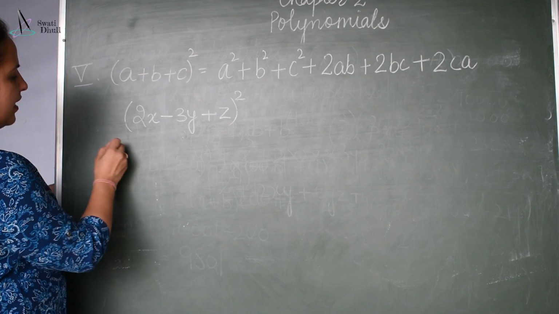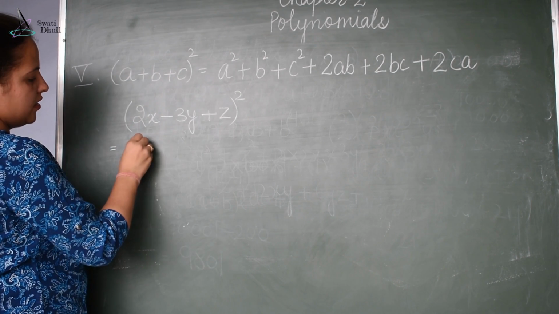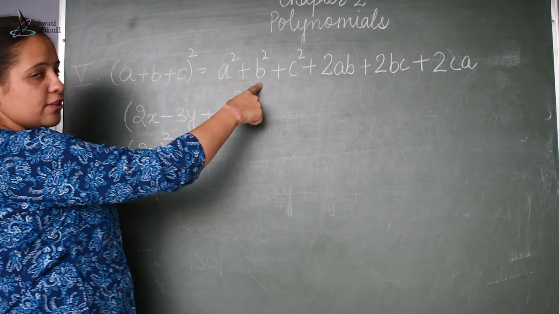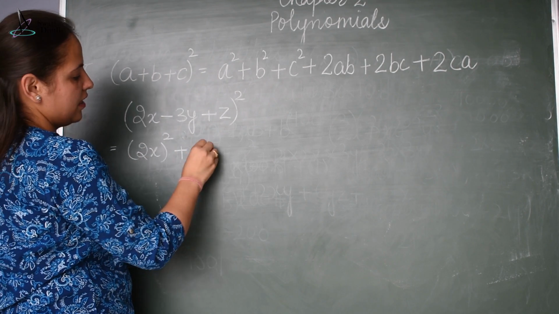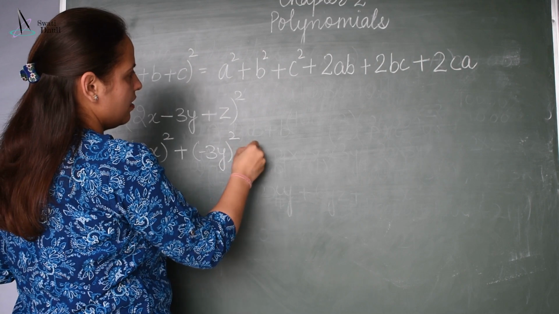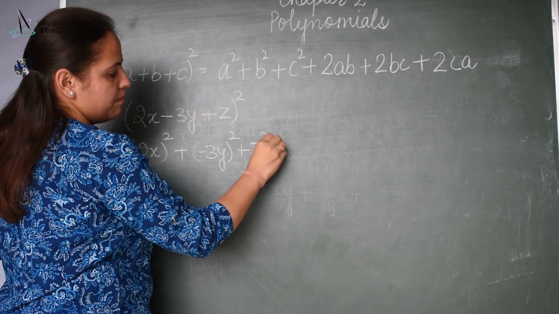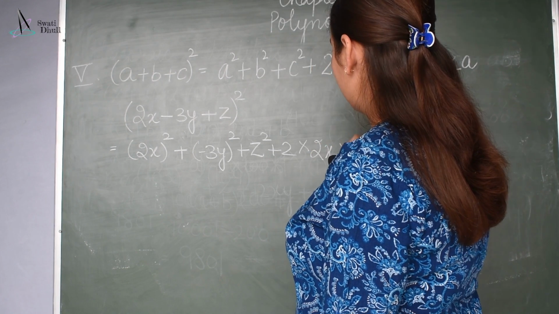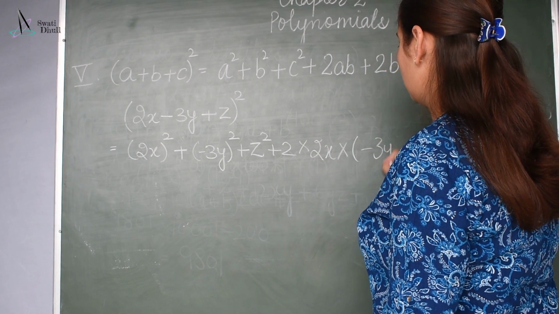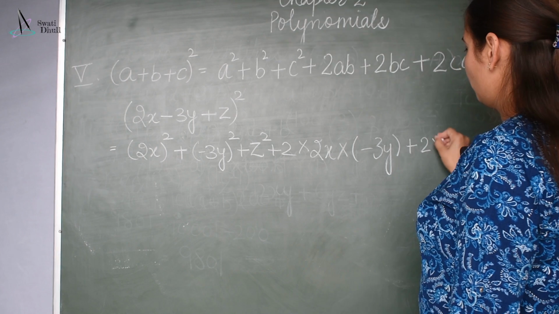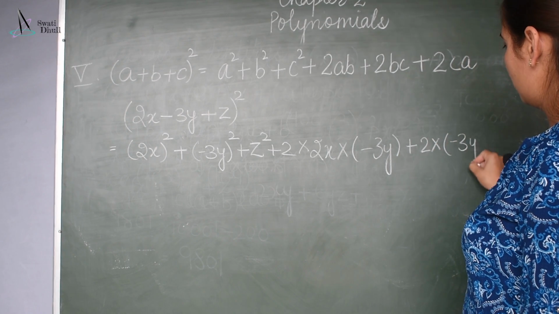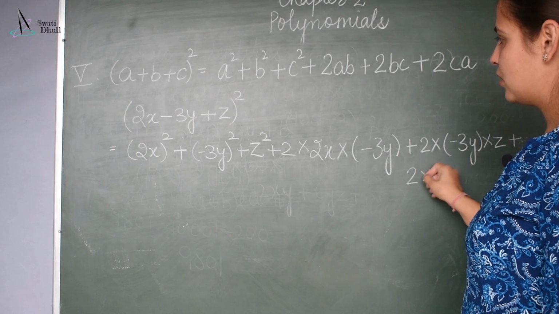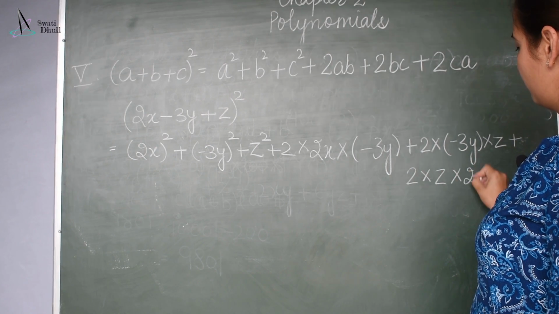So similarly, we can expand it. a square is (2x) whole square, plus, in place of b I have minus 3y, so (−3y) whole square, plus c square is z square, plus 2 into a, that is 2x, and in place of b I have minus 3y, plus 2 into minus 3y into z, plus 2ca, so 2 into c is z into 2x.